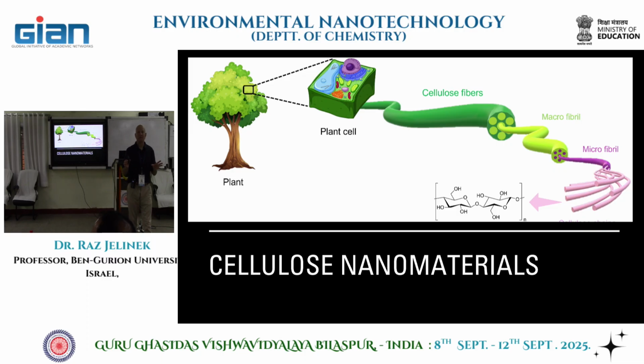maybe you don't know that, but cellulose is the most common carbon material on Earth, other than carbon dioxide, for example. All the plants in the world are made of cellulose. You have cellulose particularly in the bark, you have cellulose in the leaves, you have cellulose in every plant.